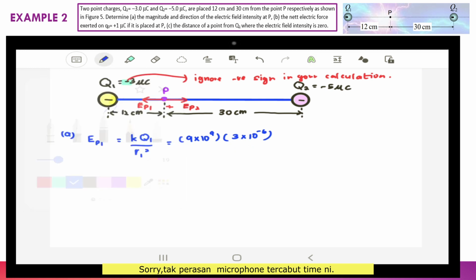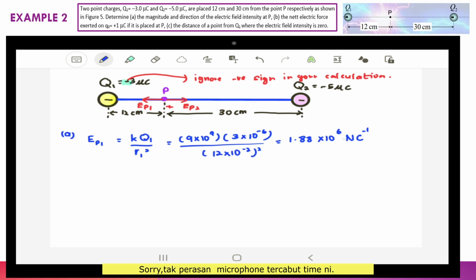Now over R, which is in centimeter, make sure you change it to meter: 12 times 10 power of negative 2, squared. Press your calculator. So the answer is 1.88 times 10 power of 6, and the unit is Newton per coulomb.